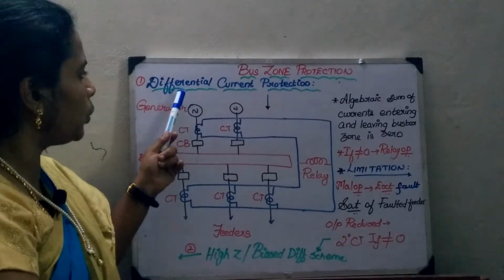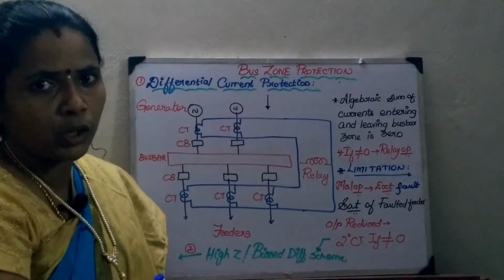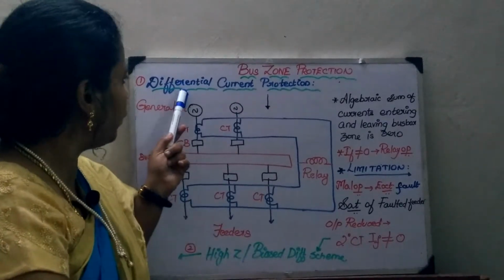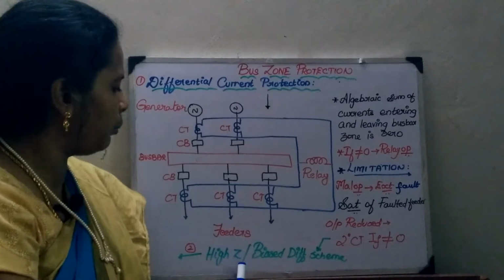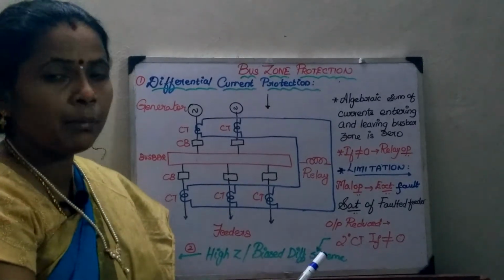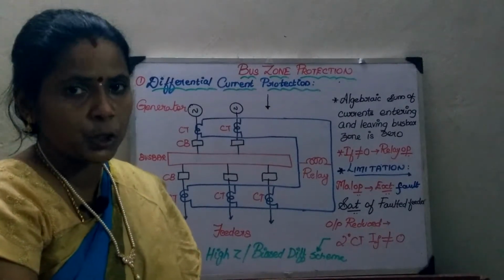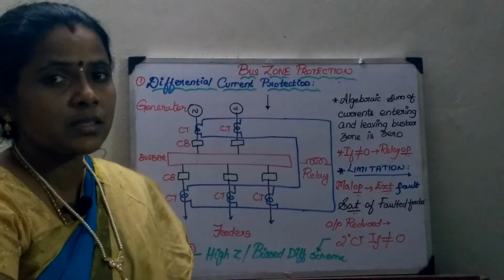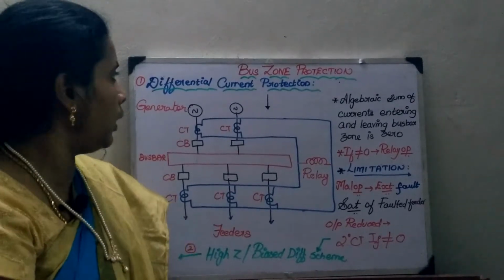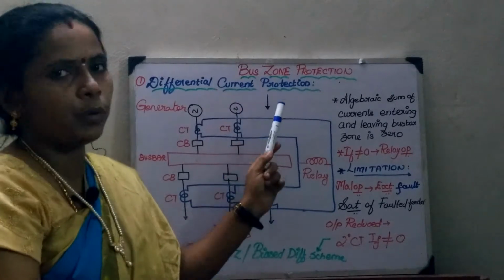Now, we will move on to the different protections employed for the bus bar, namely differential current protection, high impedance or biased differential scheme, and the frame leakage protection. You have three types. In this session we will be learning about the differential current protection.